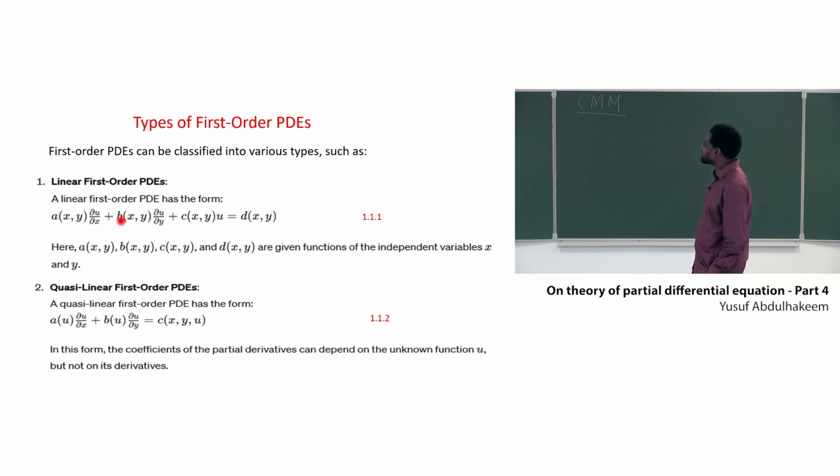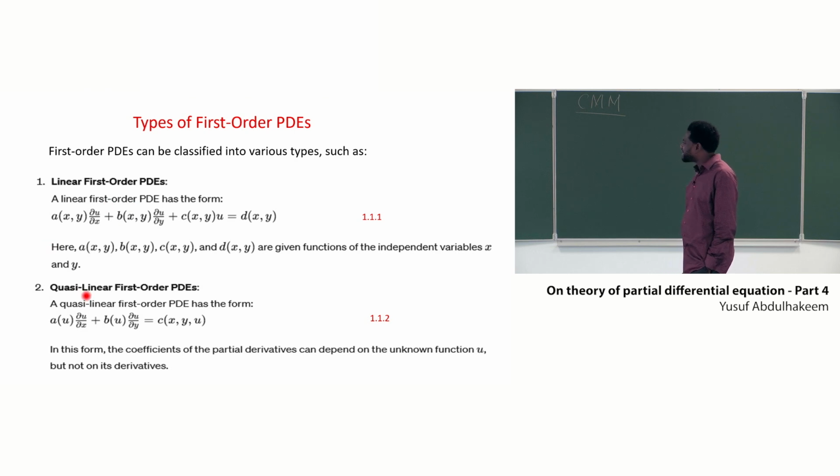If we look at it, a of x, y, b of x, y, c of x, y, and d of x, y are just given functions, which makes this equation linear.